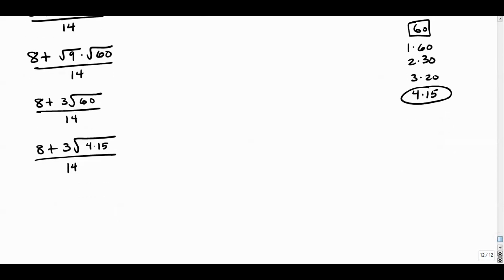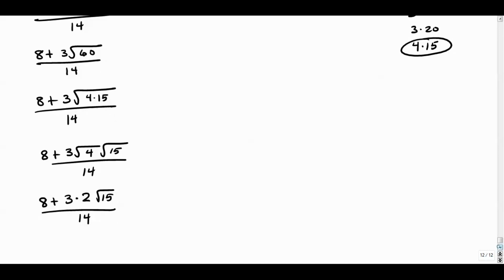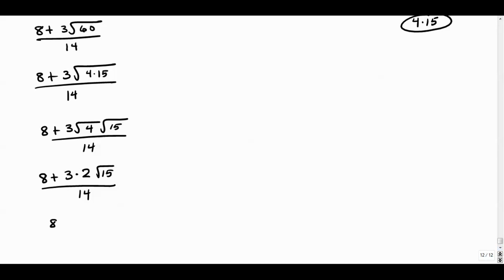And this might seem sort of tedious to you, and you might be tempted just to go right to your calculator. But I encourage you to know how to work with these radicals, and I'm purposely going through this step by step to show you exactly how much work I'm willing to do on these problems, and you should be the same. 8 plus, I broke radical 4 down into just 2, so that turns into 8 plus 6 radical 15 over 14.